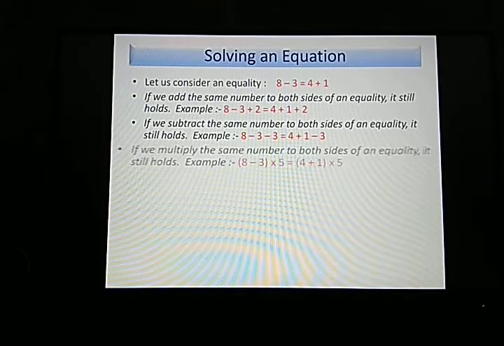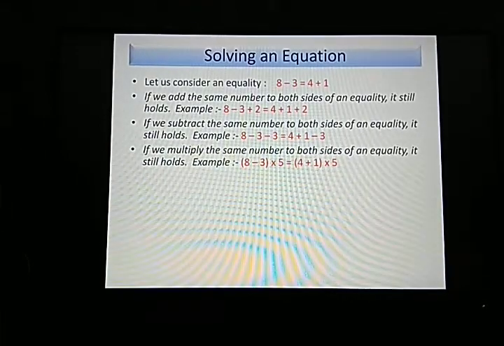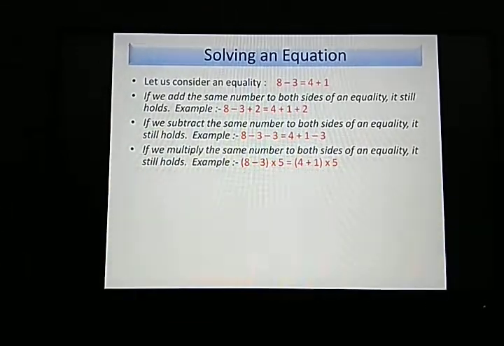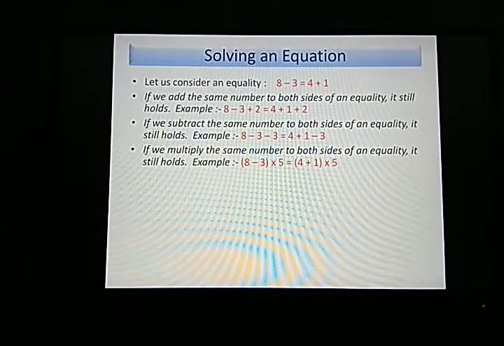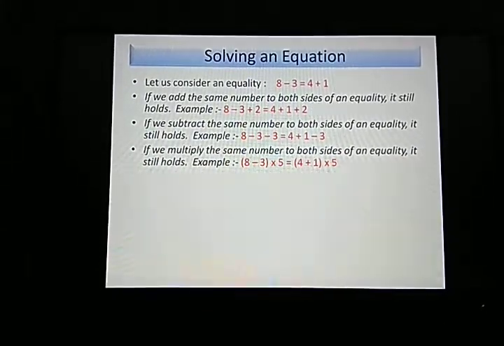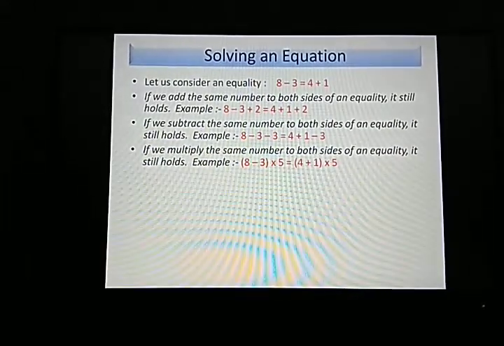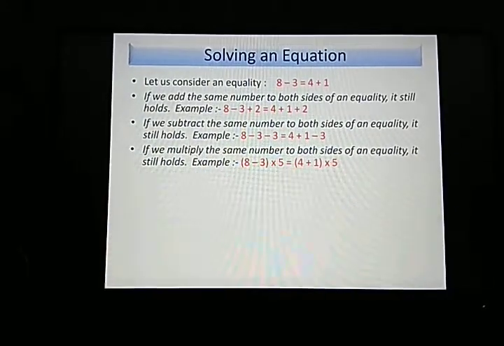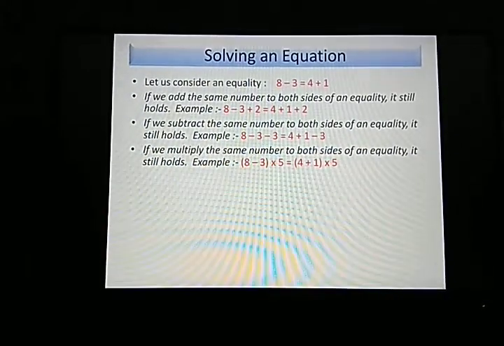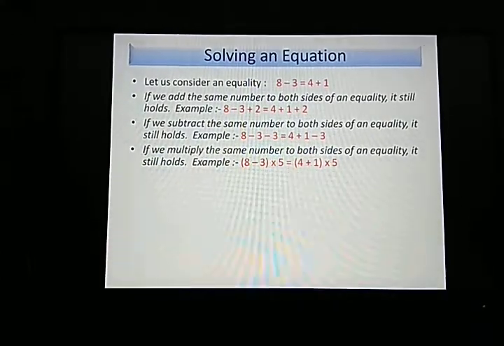Now next one is, if we multiply same numbers on both the sides of an equality, it will also hold. Say for example, here in this case we have multiplied 5 on both the sides. So 8 minus 3 already we know, that's why I have given it in the bracket, because that is the first operation that we are going to do. Then later on we'll multiply that value with 5.